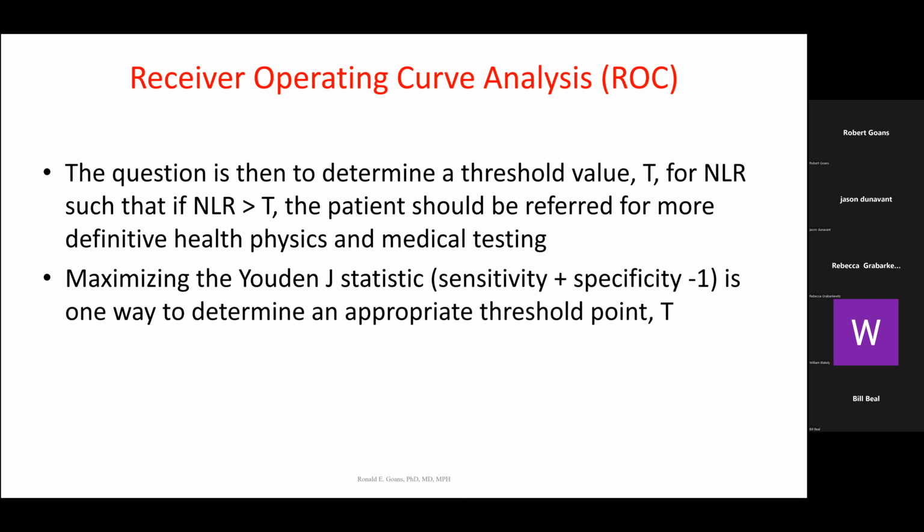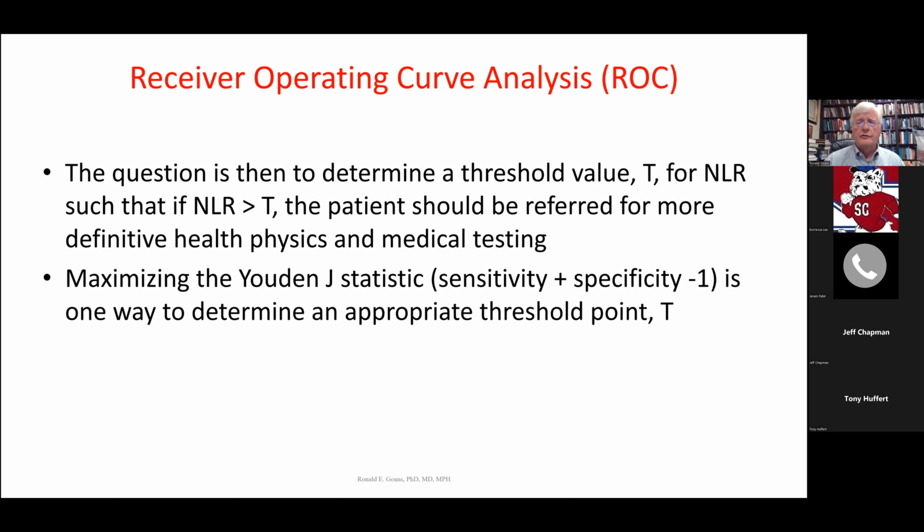It's actually just the sum of the sensitivity and specificity minus 1. The maximum value of sensitivity is 1, the maximum value of specificity is 1. So this statistic is the sensitivity plus the specificity minus 1, and we optimize it. You could actually do it differently. You could maximize sensitivity, or you could look at specificity. So it's just one way to do it.